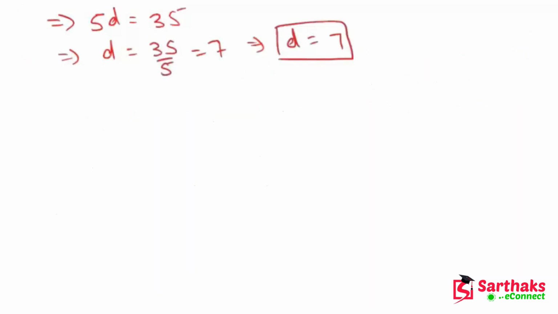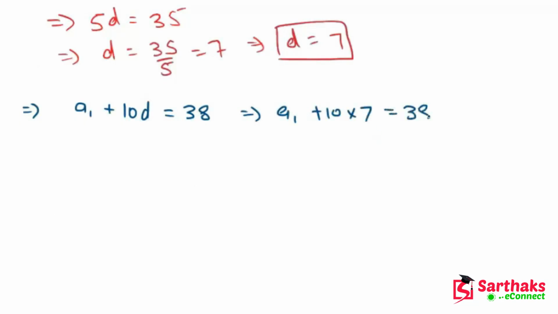We have a1 plus 10d equals 38. So a1 plus 10 into 7 equals 38. This becomes a1 equals 38 minus 70, since 10 into 7 is 70 and if we shift 70 to the RHS, we get minus 70. So 38 minus 70 gives a1 equals minus 32.